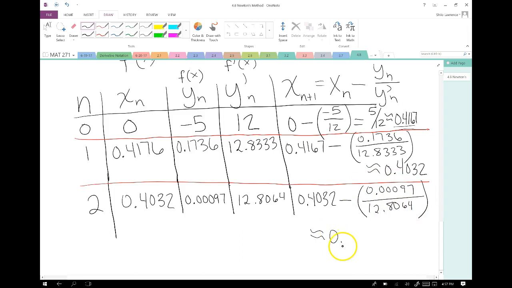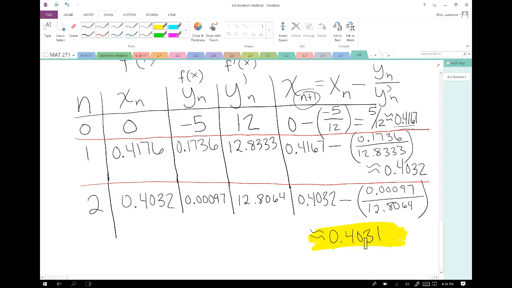You're going to have to go out pretty far in the decimals to see much difference. It is going to be 0.4031 if I just round it to 4. So really just doing this ends up being, since this is the n+1 column, the result from 3 iterations. So just 3 iterations of Newton's method, and we got an estimate for our x-intercept of 0.4031.